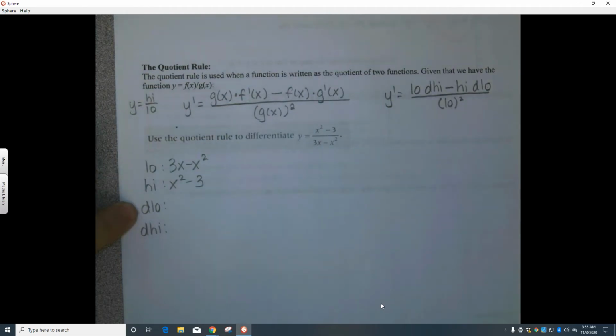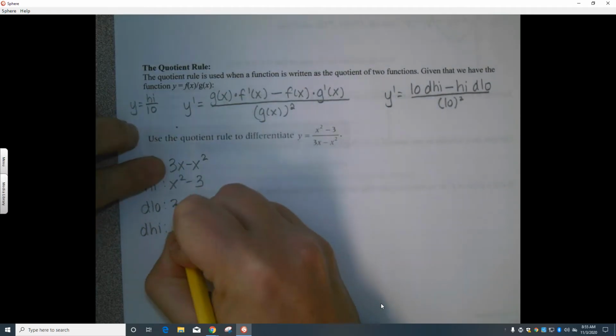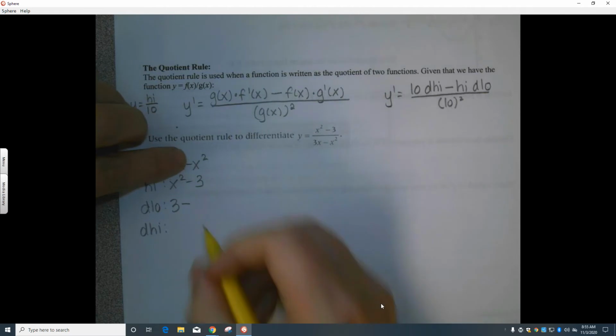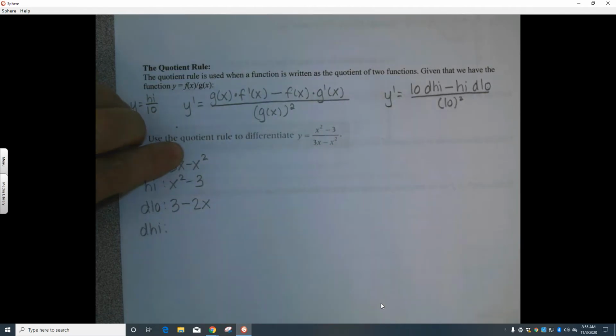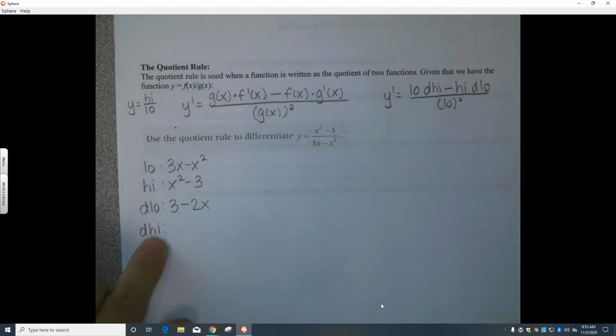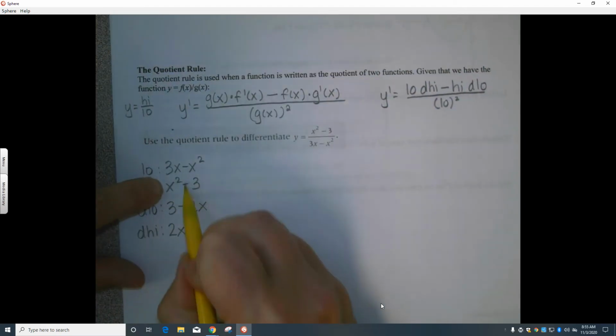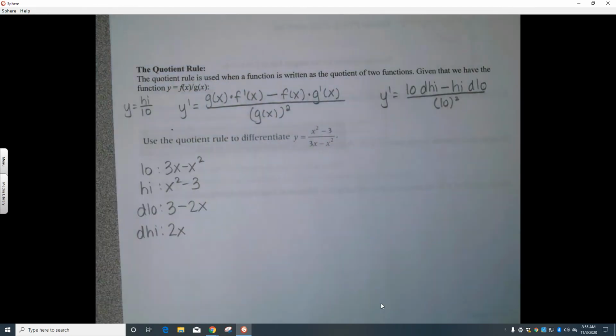My d low function, the derivative of the low, is 3 minus 2x. And the derivative of my high function, I get 2x, and then the derivative of 3 is 0.